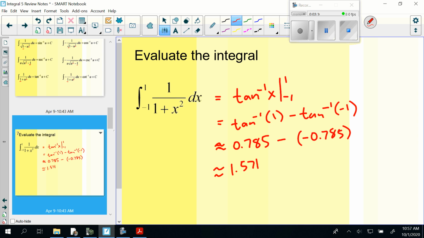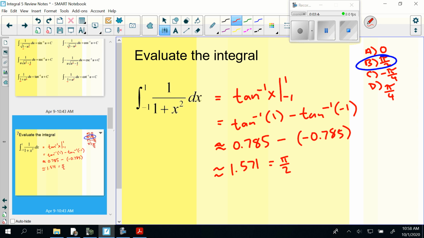If it were a multiple choice question and your options were like 0, pi over 2, negative pi over 2, pi over 4, you should be able to match this one up. This one actually does come out to be pi over 2. This is the approximation for pi over 2.